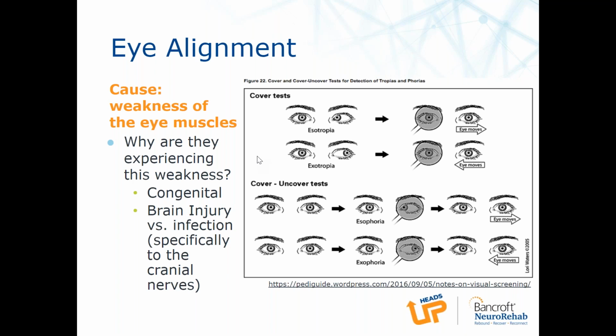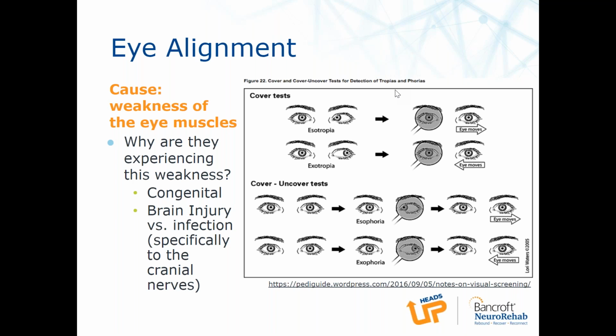The other thing is called a phoria, and I'll go into the naming of it and what that means on the next slide. But what we're looking to see when we're testing for alignment is, is there any movement of the eye when one or the other eye is covered? That's going to indicate that there's some kind of tropia or phoria. Now, you can see with a tropia, this picture on the left is their starting position. So I'm going to look at someone and know that there's definitely something up with their alignment.